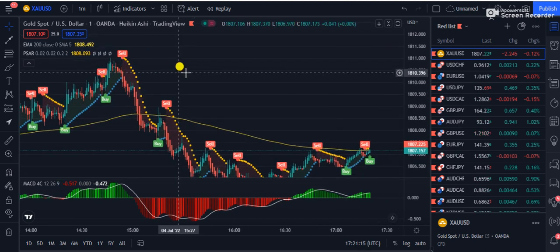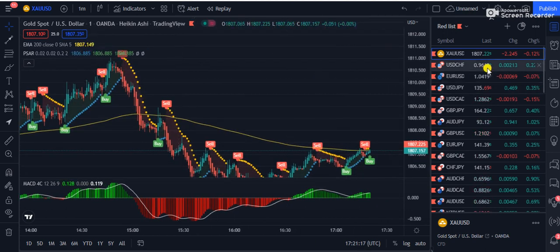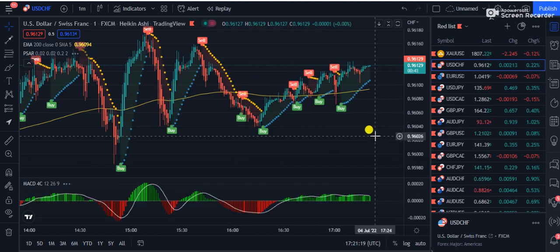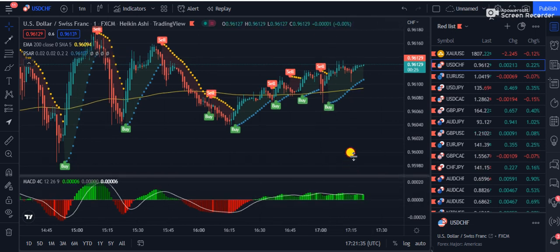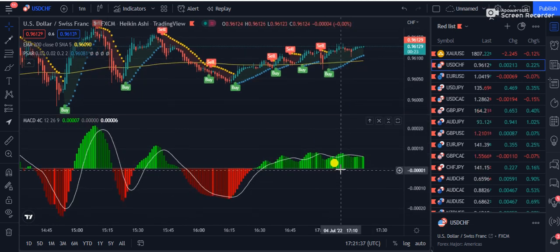Now one thing that you need to focus on here is very important. So let me find a better chart. For example, you have a buy signal on USD CHF 1 minute, and you can see the first confirmation: the candles are above the 200 EMA, and you have a buy signal. Then you will check the MACD indicator, whether it is green or not.